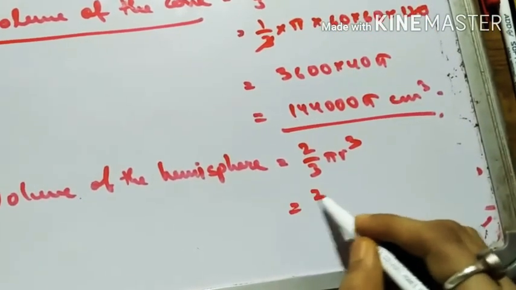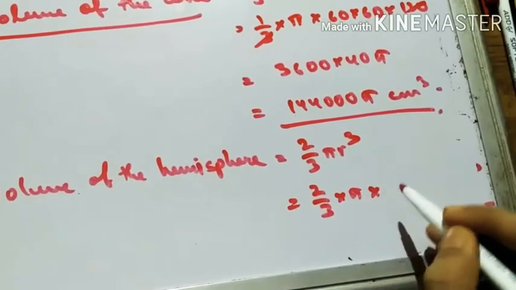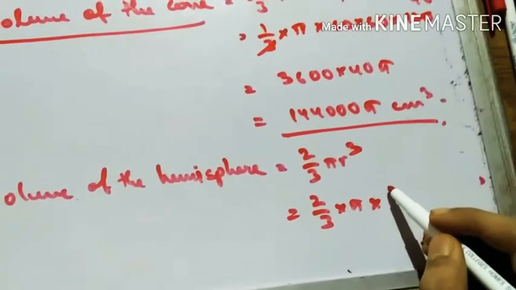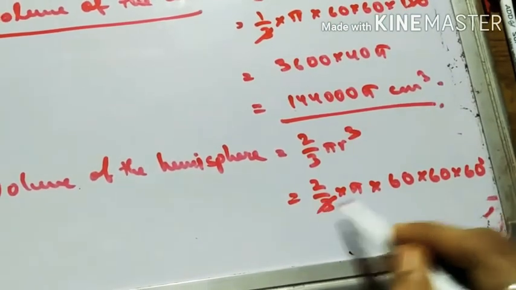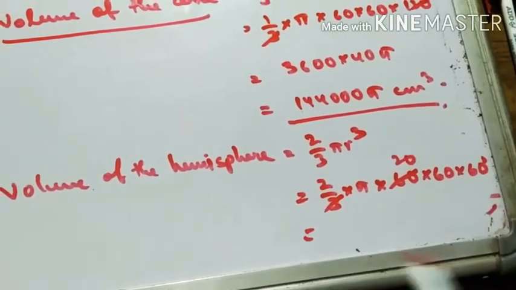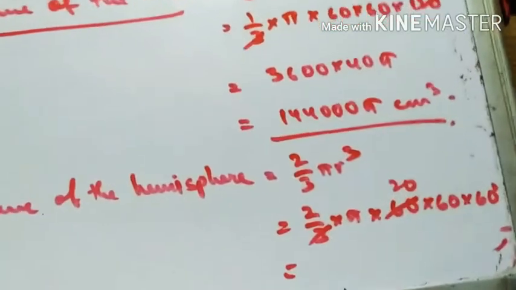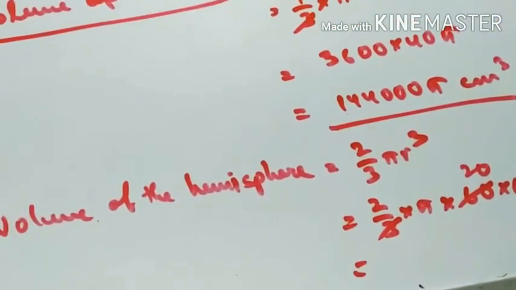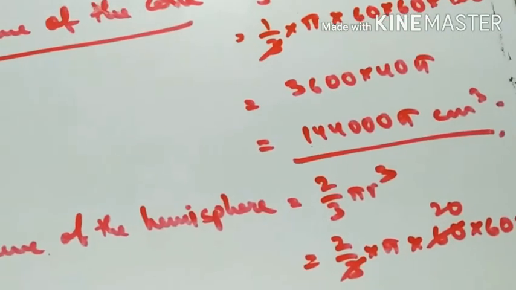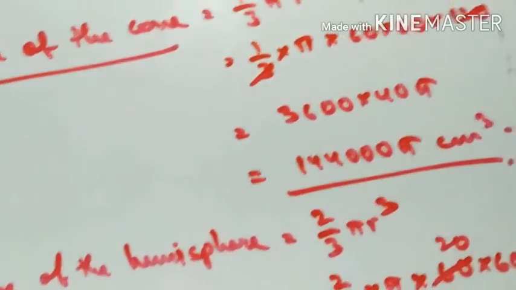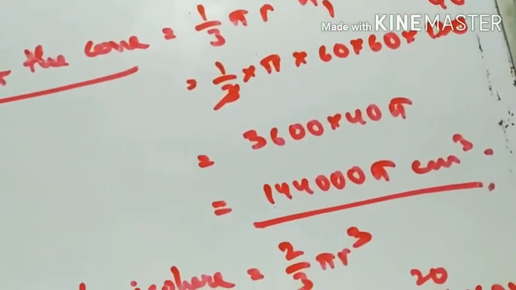It will be 2 by 3 into pi into r cube, which is 60 into 60 into 60. Now 3 into 20 is 60, so 60 into 60 into 20 into 2 equals, I will get 144000.